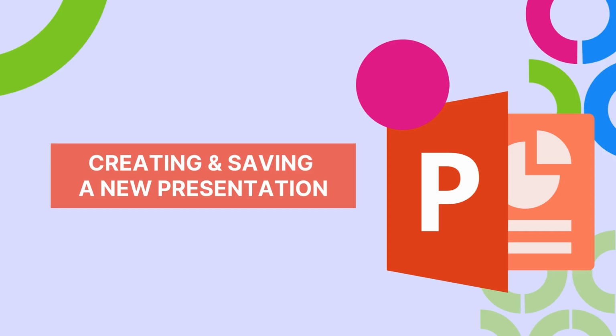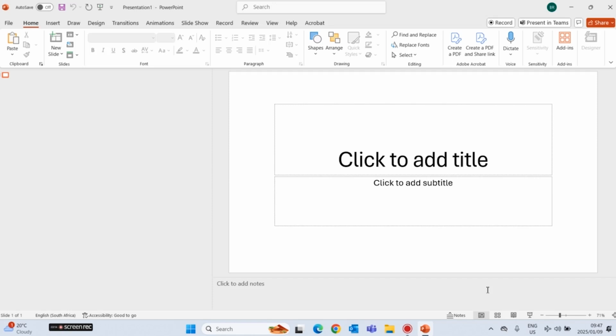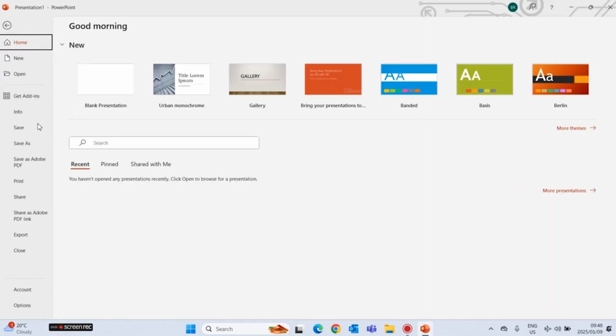Creating and saving a new presentation. Creating: we've already started a new presentation with Blank Presentation. Saving. Step 1: click on File in the top left corner. Select Save As.